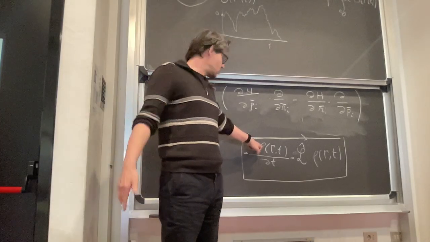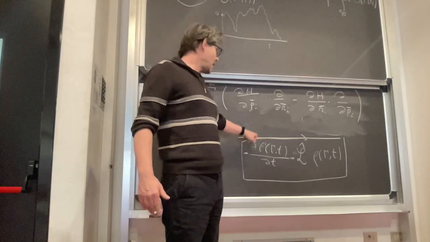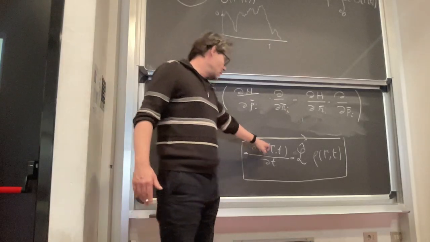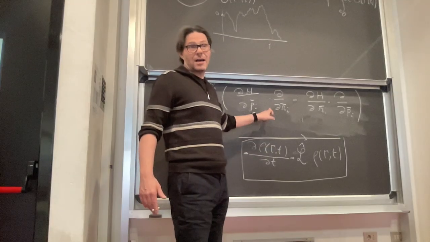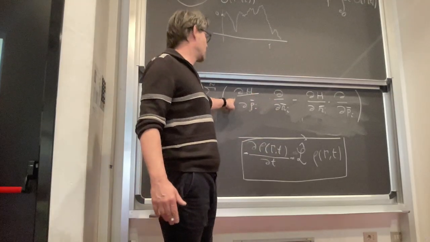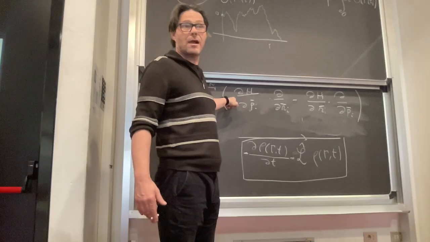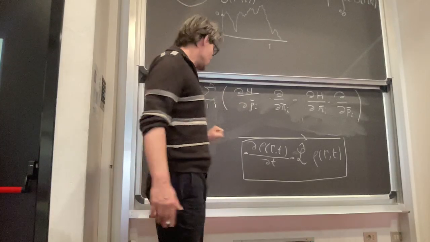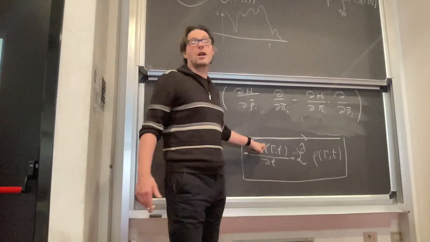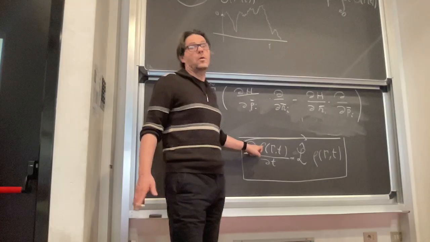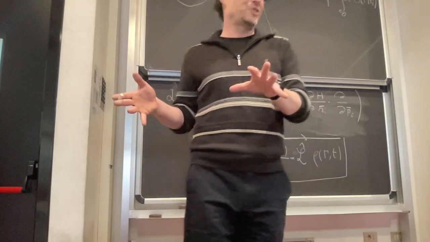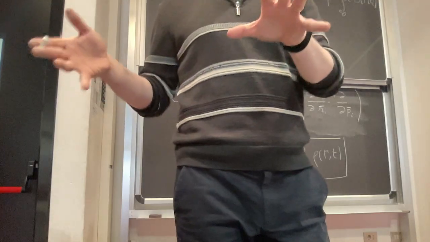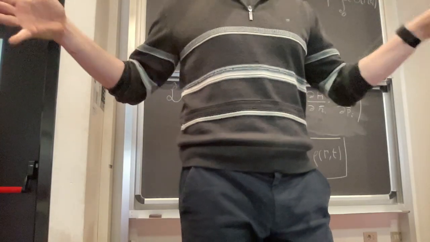When we were using the chain rule, we came up with derivatives of the phase space coordinates with respect to time, which in turn we replaced using Hamilton's equations. So this was done on this particular observable, rho, but there was nothing specific about rho we used. The chain rule is the chain rule for any observable, right?